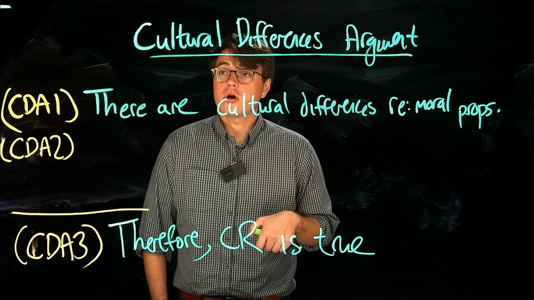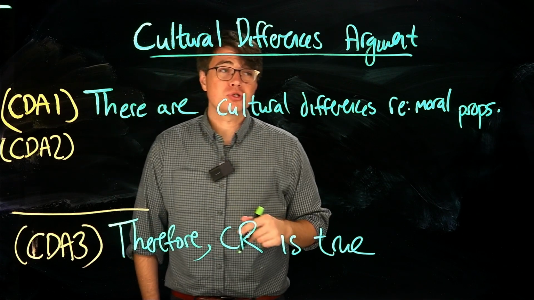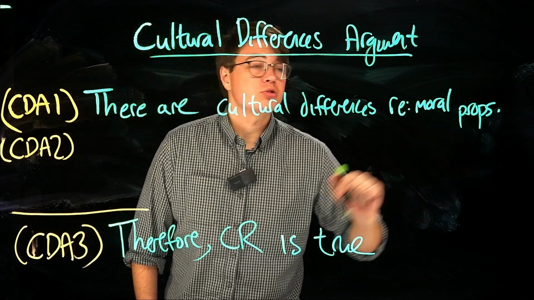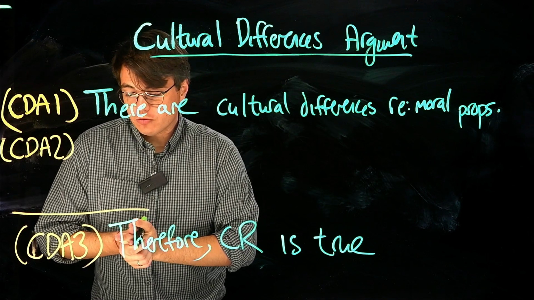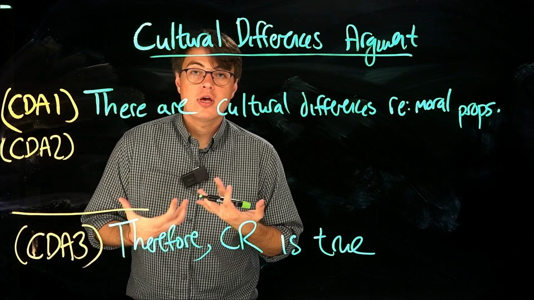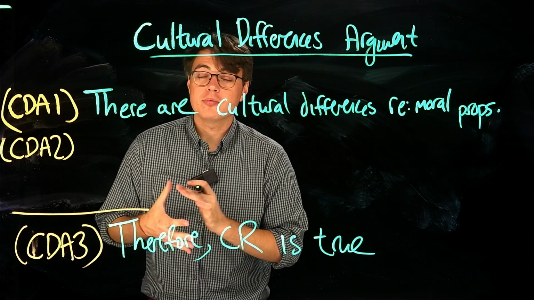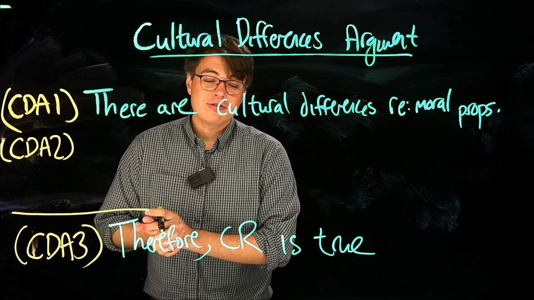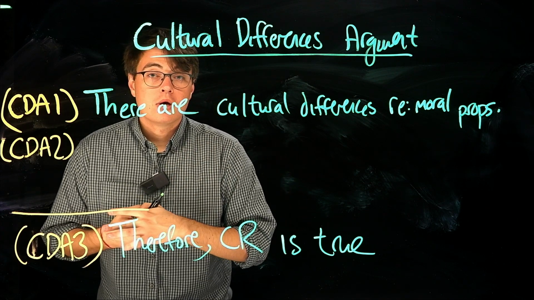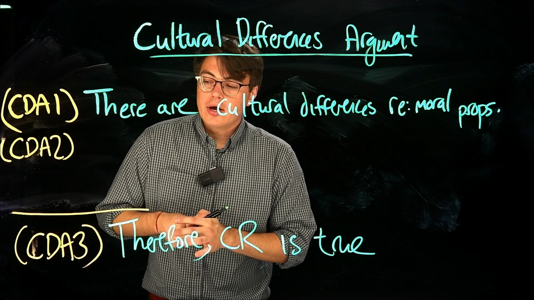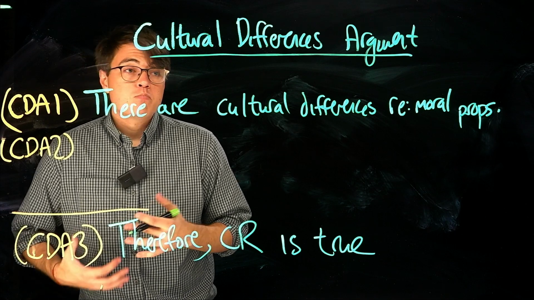The cultural differences argument begins with the following, what seems to be a pretty uncontroversial observation, that there are cultural differences regarding moral propositions. I mean, we just saw two examples, right? The Galatians and the Greeks have differences regarding the proposition that it's permissible to eat the dead. The Americans and the Inuits have this disagreement regarding the proposition that it is morally permissible to sometimes kill one's infants.